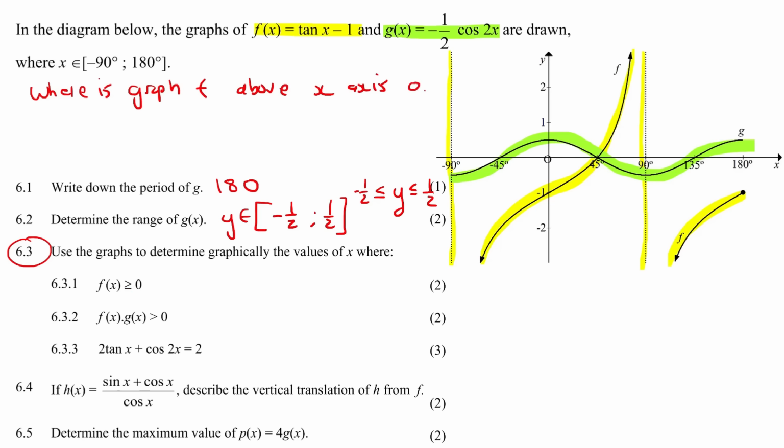So above the x-axis or touching the x-axis. So if here's the x-axis, then where is the graph above? Well, it's only here. So it's when the x value is 45 up to this asymptote, which is at 90.